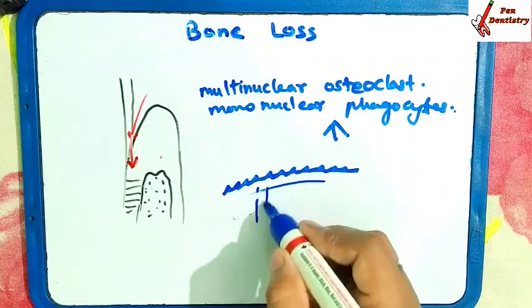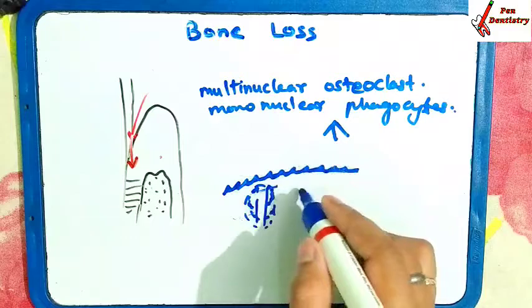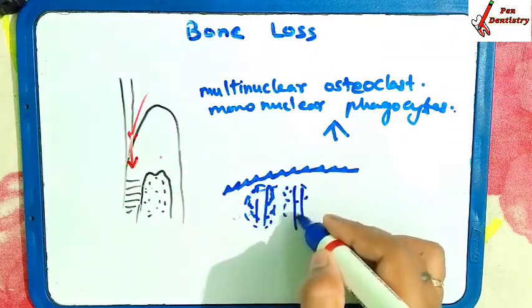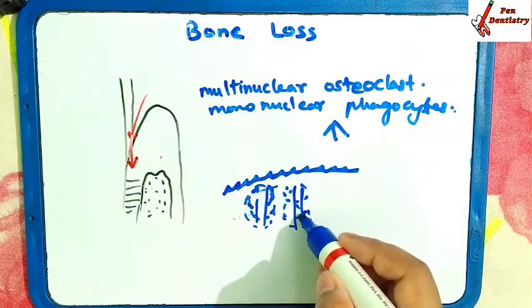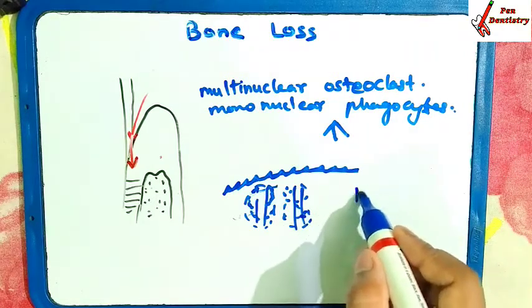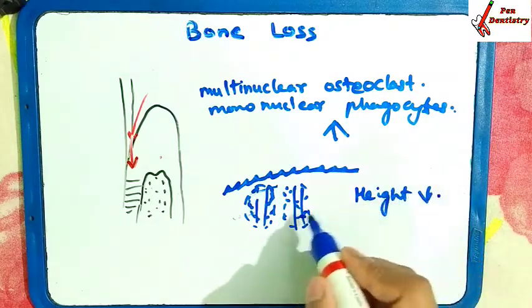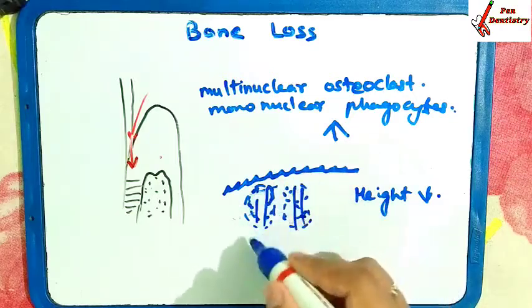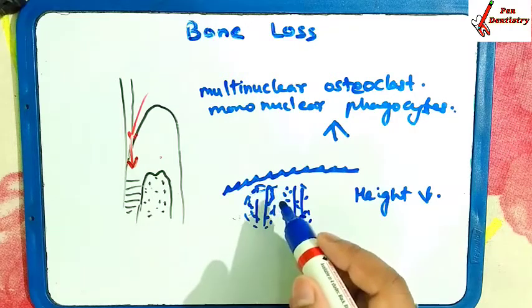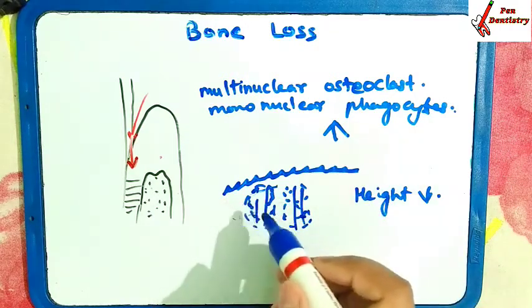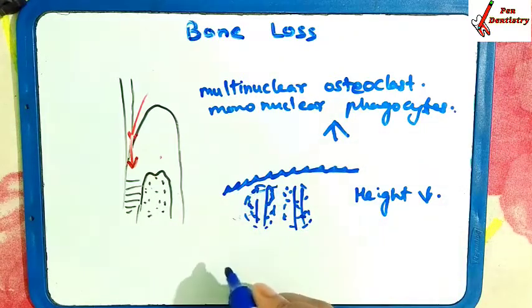These are the trabeculae present inside the bone, and they become thin. Here there is destruction of the bone and reduction of the bone height, and this is the start of the reduction of the bone. Around the resorption area, the fatty bone marrow is normally partially or totally replaced by fibrous type.